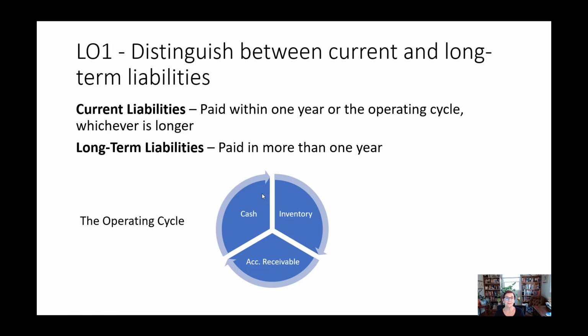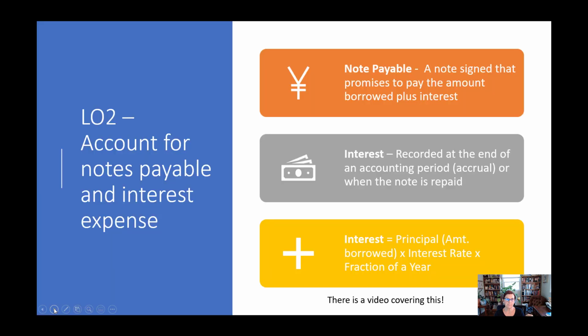Because those things have to age for a while. In that case, it could be that your operating cycle is longer. But for our purposes, most of the time we're going to say current liabilities are due within 1 year, long-term liabilities more than 1 year, for what the due date is.